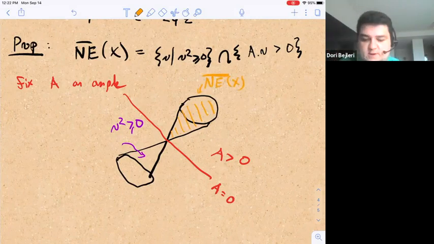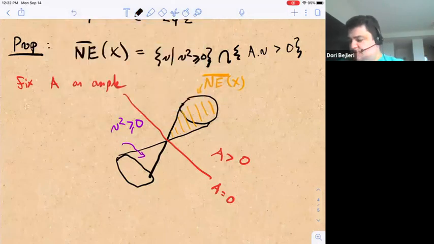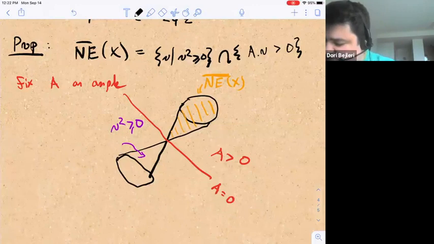Okay, but note that this thing is round, so the slopes along the boundary can be irrational. So this gives us our first example where the closure is not the same as just the cone of effective curves. It's the first example where we really need to take this closure.